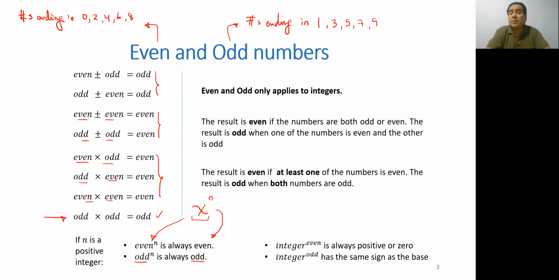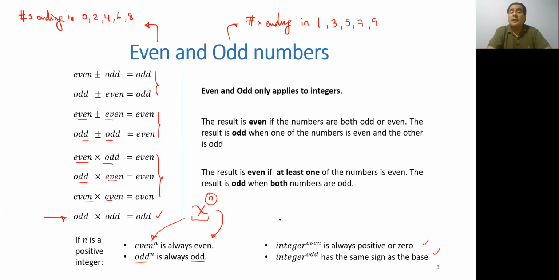What happens with exponents? If the exponent is an even number, then the power of an integer will always be positive or 0, right? But if the exponent is odd, the power keeps the same sign as the base. So keep in mind these rules.